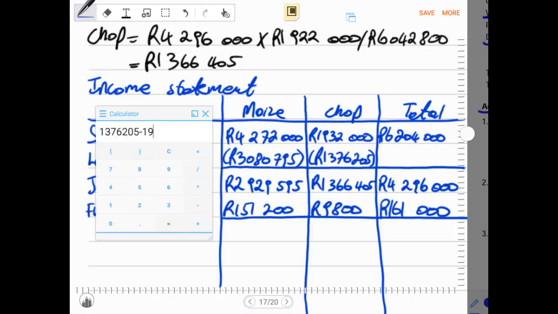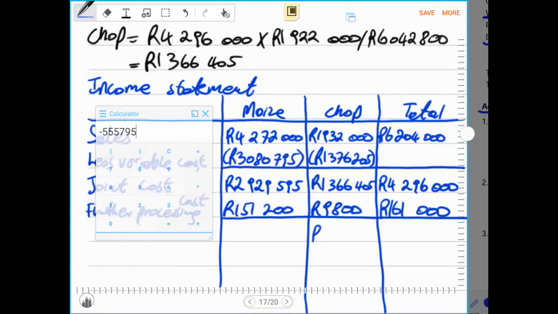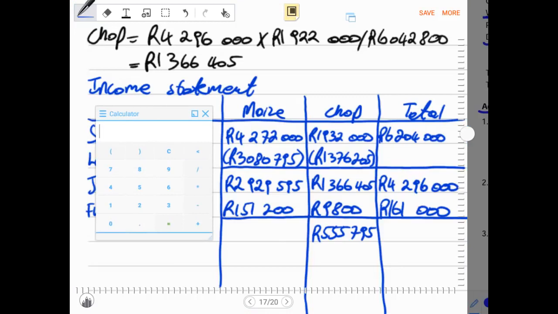Minus 1,932,000. This gives us a total of 555,795. This one is 4,272,000 minus 3,080,795.